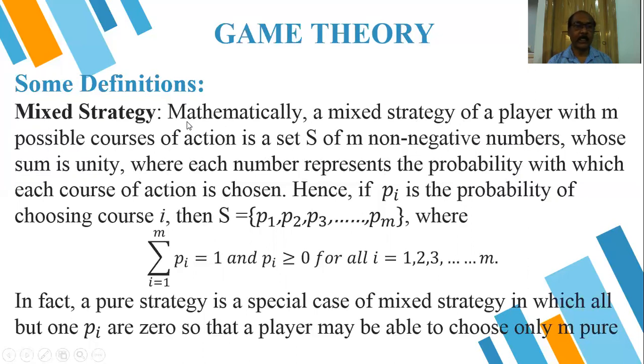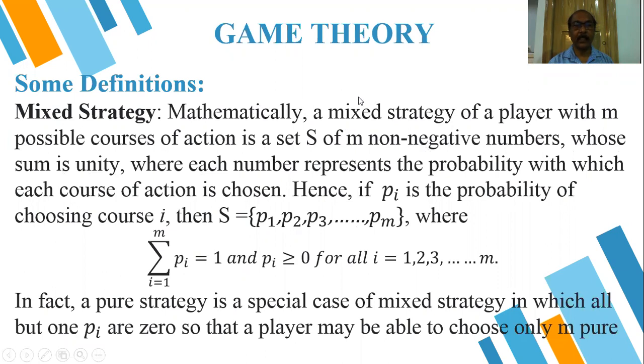Now, in the exact definition, mathematically, a mixed strategy of a player with m possible courses of action, for player A having m courses of action, is a set S of non-negative numbers whose sum is unity. That means a player chooses courses of action with probability.